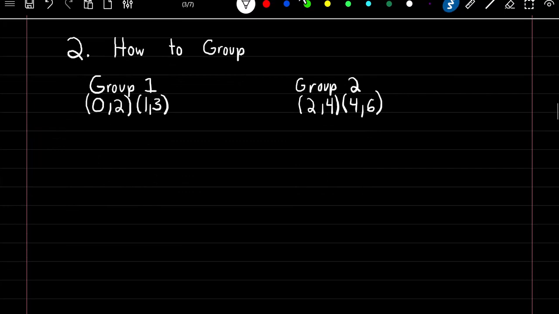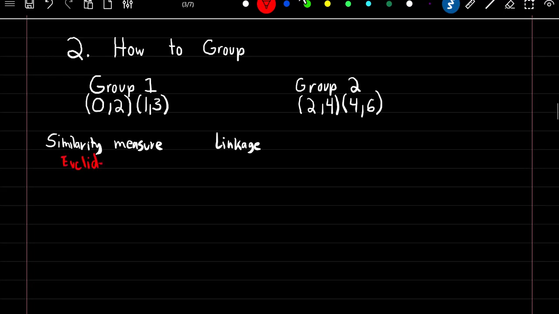So now how do we group our observations? In order to group our observations, we need both a similarity measure and we need a linkage function. For the similarity measure, the most common, and the one we're going to use to solve our problems, is Euclidean distance.